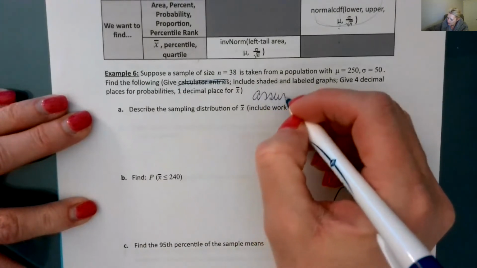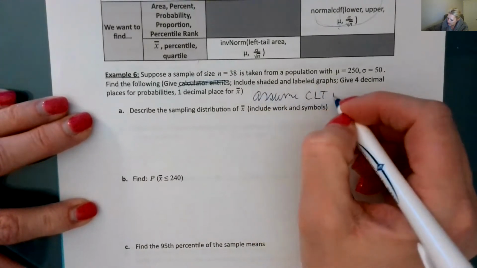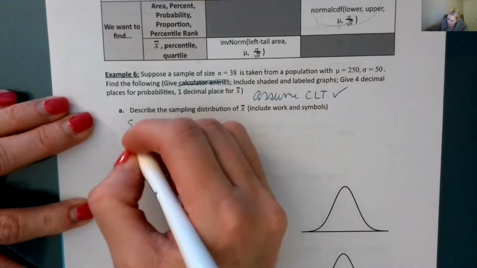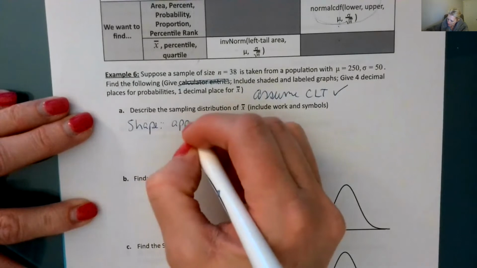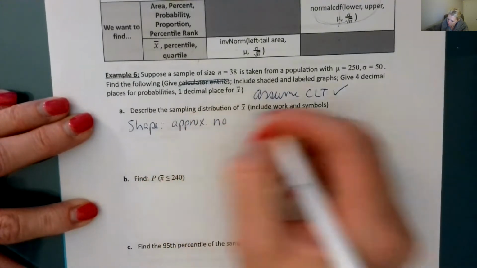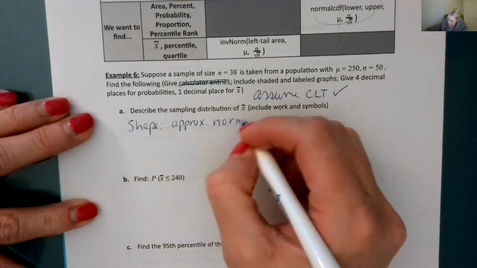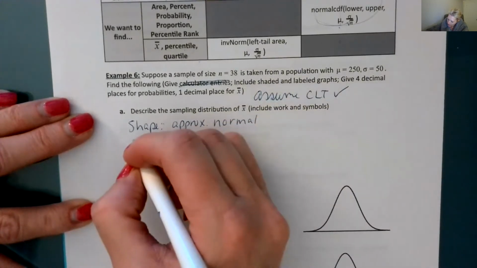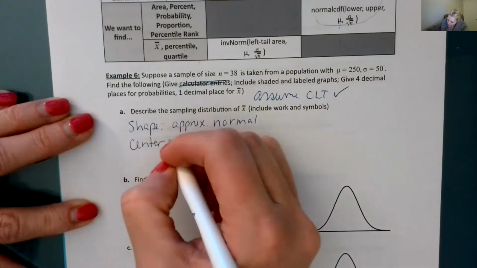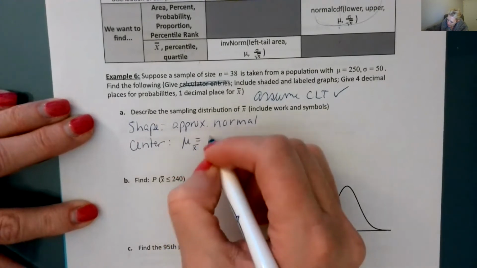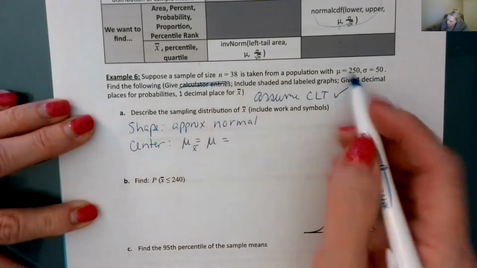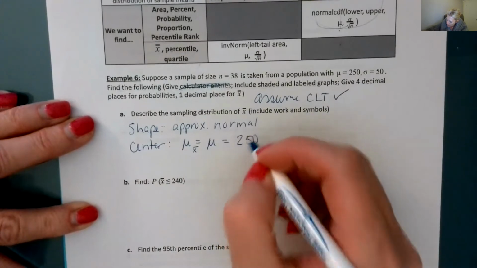So assume CLT, okay? So our shape is going to be approximately normal. Once we've met the CLT, we can always say our shape is approximately normal. And then our center is going to be the mean of the X bars, which is going to be the mean of the population, which we said was 250.